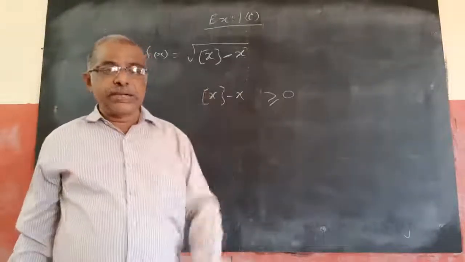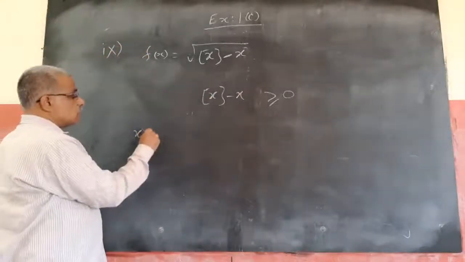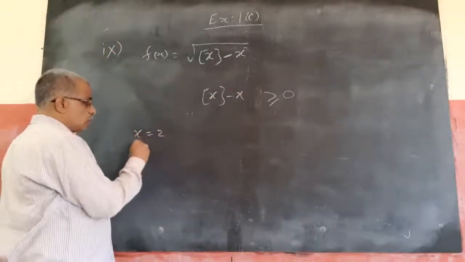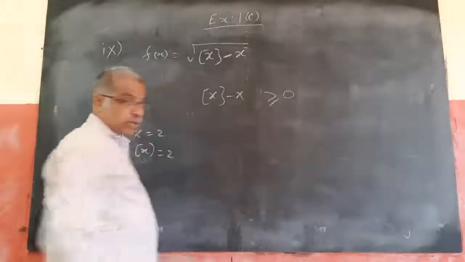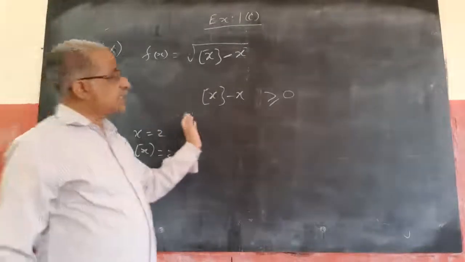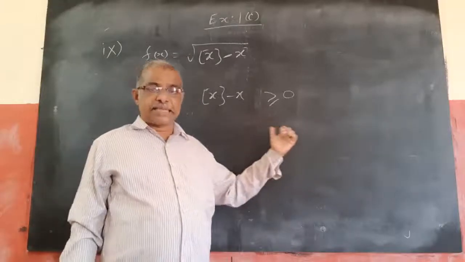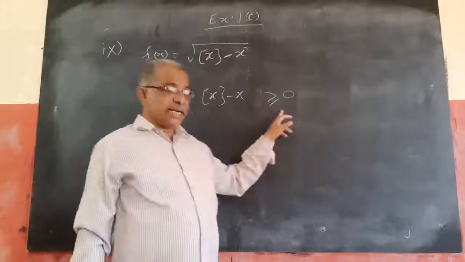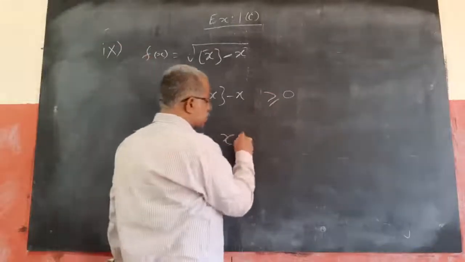When is this 0? Only for integers. If x is 2, step x is 2 and x is also 2, so 2 minus 2 is 0. For the remaining values, step x minus x is less than 0, but I need it greater than or equal to 0. So the only possibility is x belongs to integers.